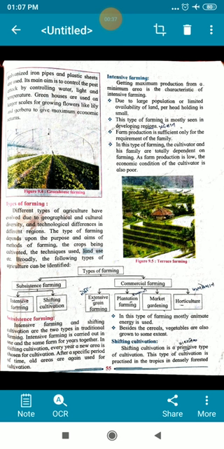Different types of agriculture have evolved due to geographical and cultural diversity and technological differences in different regions. Why is agriculture not of the same kind everywhere? Every place will have a different type of agriculture practice according to the climatic conditions prevailing there and the type of land available there, yes or no. So many things are there, and we know India is a land of diversity.